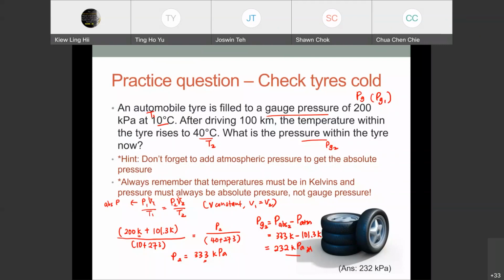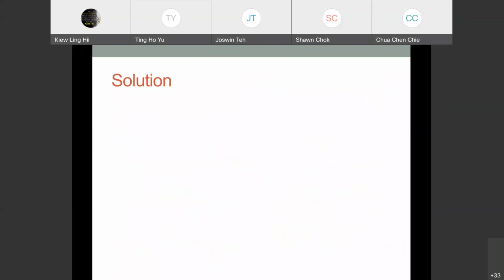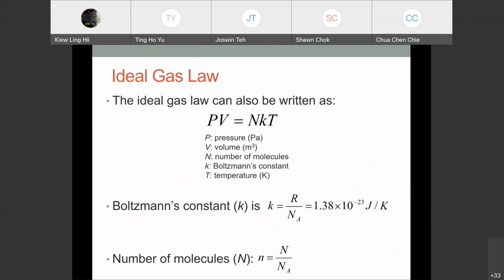So, ideal gas law. Just now we learned about PV equals nRT. This is the most common ideal gas law that we use. But you can further expand this equation with the Avogadro number. Remember, the Avogadro number is the number of particles divided by mole.